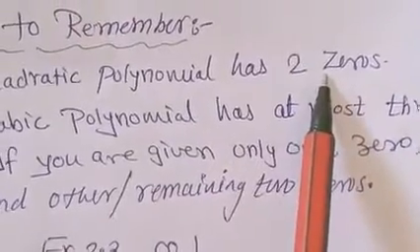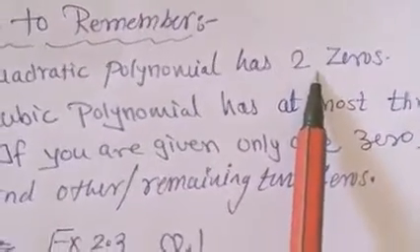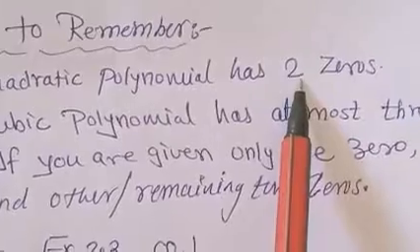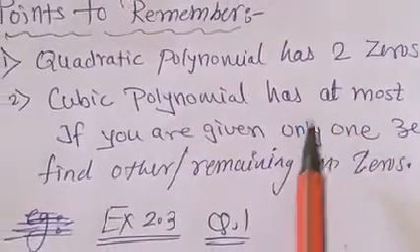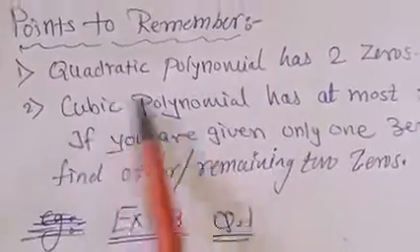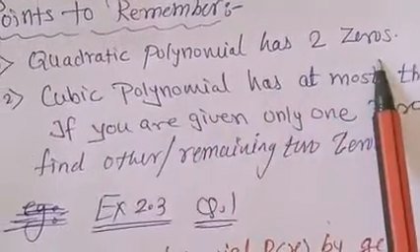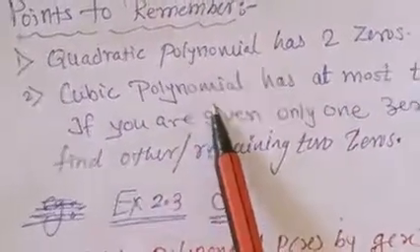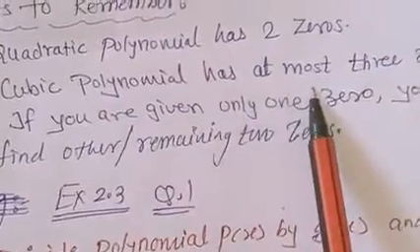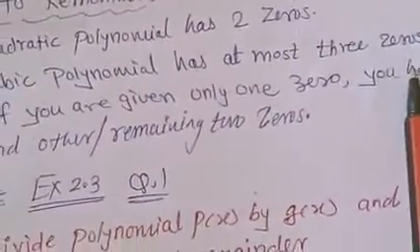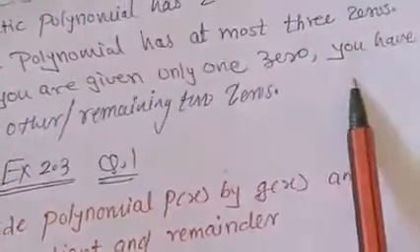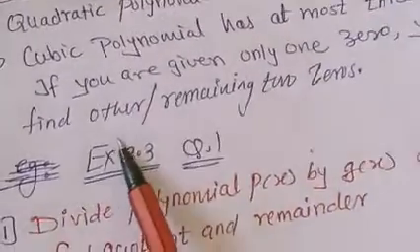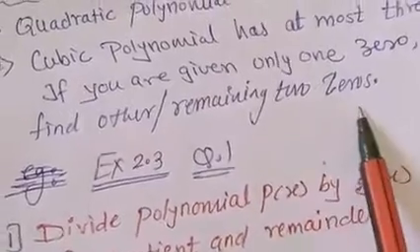You remember this sentence for objective type questions, like true and false, fill in the blanks, MCQ, very short answer type questions. Okay? A quadratic polynomial has two zeros. A cubic polynomial has at most three zeros. If you are given only one zero, you have to find the other or remaining two zeros.